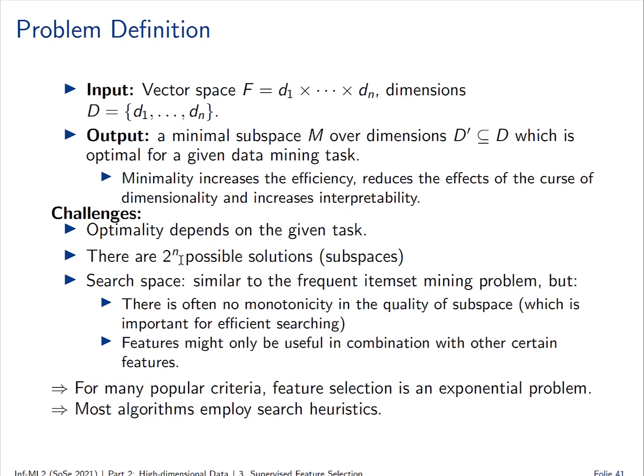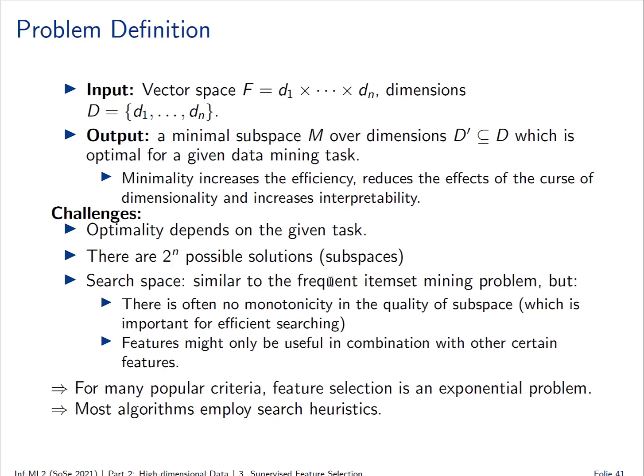So the search space is very similar to the search space of the frequent itemset mining problem, if you recall that, where we count the frequency of values that are now features and value combinations, so combinations of features. The search space is also 2 to the power of n, of course. N is in that case the number of items that are possible. So the search space is more or less the same.